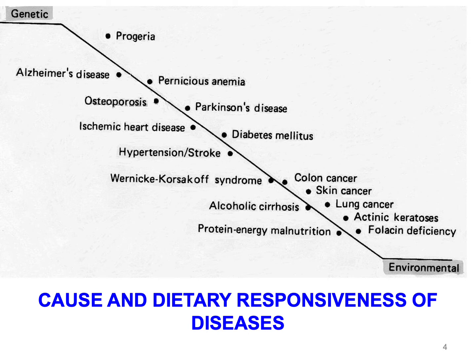like the anemia perniciosa, osteoporosis, ischemic heart disease, Parkinson disease, different types of diabetes, the hypertension and stroke, altogether the metabolic syndromes, the Wernicke-Korsakoff syndrome from the alcohol intake.